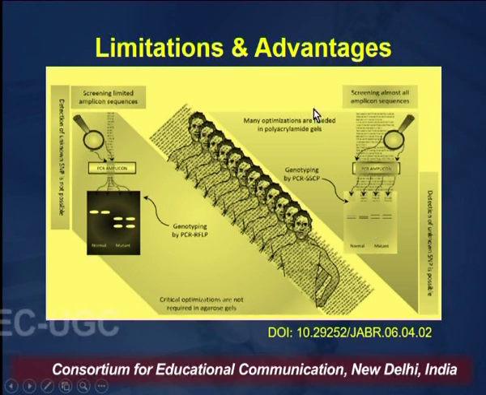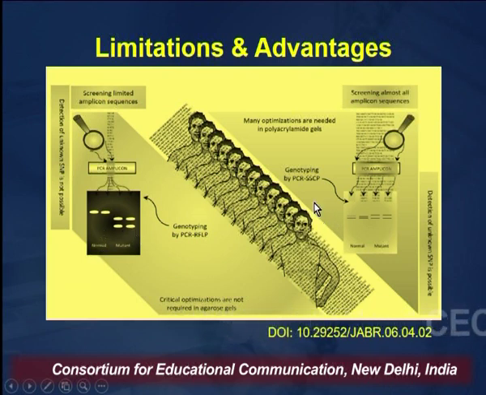So obviously it requires a lot of gel optimization, which is not needed in RFLP cases. But in RFLP a limited number of amplicons can be ascertained, and in SSCP a large number of amplicons can be studied. So a large number of diseases can be diagnosed by the SSCP method rather than the RFLP method.